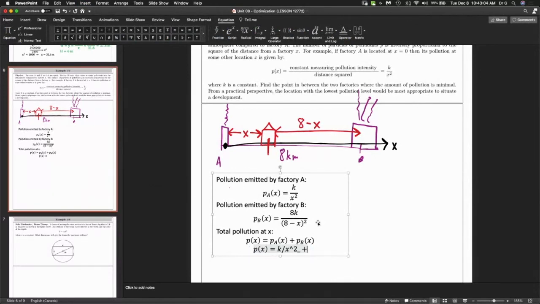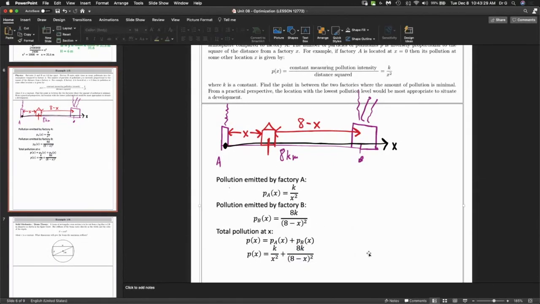That's going to be k over x squared plus 8k over 8 minus x squared. And that, my friends, is step 1. That's all step 1.